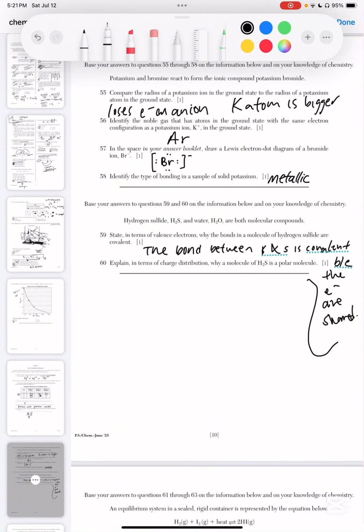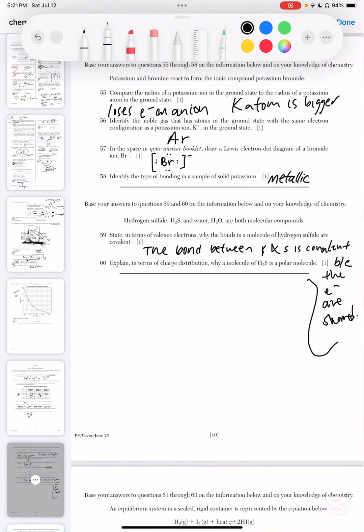When you think of the prefix co, something along the lines of sharing should come to mind, because you have words like co-workers and cooperation, which is like working together. So since it's covalent, the electrons are shared, so you can say that the bonds in a molecule of hydrogen sulfide are covalent because the electrons are shared, or something along those lines.